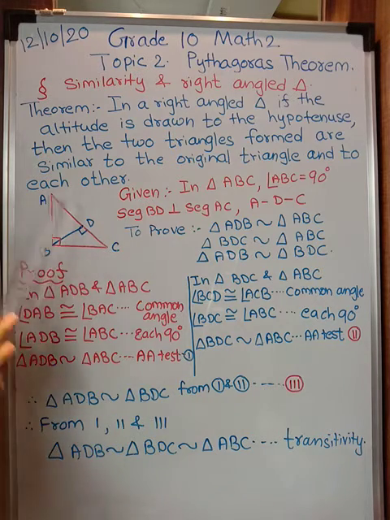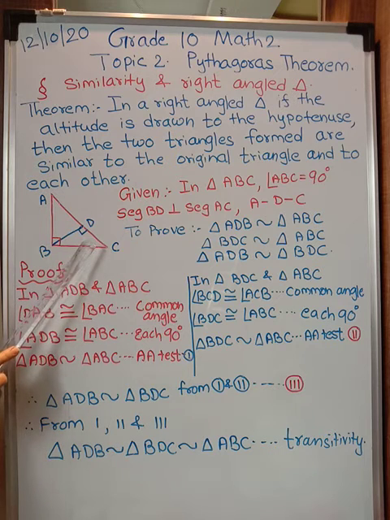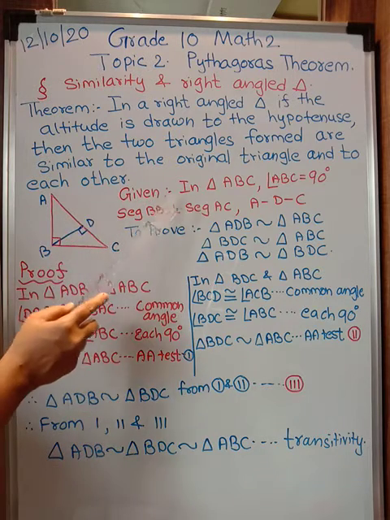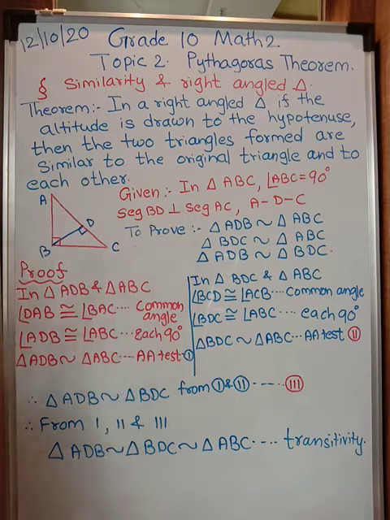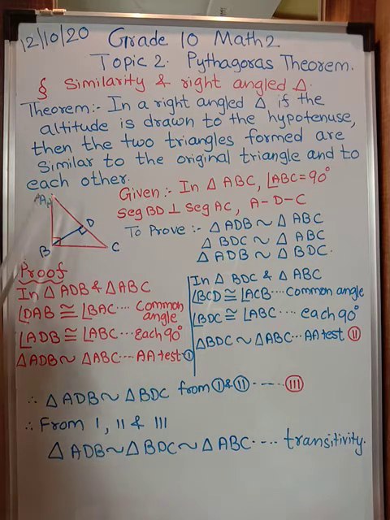Now see, the bigger triangle is similar to this one. The bigger triangle is also similar to this one. That means these two are similar to each other. Alright, if A is similar to B and B is similar to C, then A is similar to C. It is in that way. Therefore we have triangle ADB similar to triangle BDC, because they both are similar to ABC.